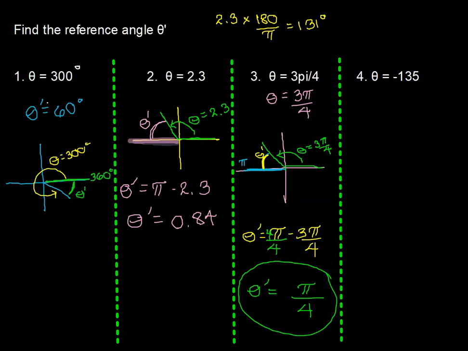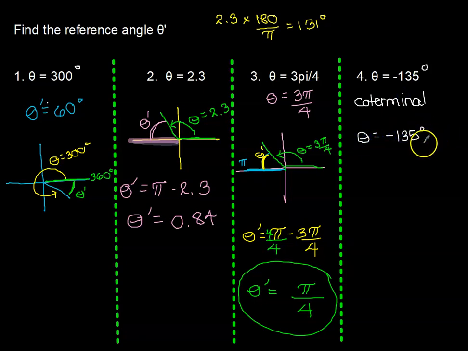All right, last one is negative 135 degrees. Now, I get it, it's negative. However, you've also learned about coterminal angles. You don't want to deal with the negative angles, that's fine. So find the coterminal angle, which means add a full circle to it. Theta equals negative 135 degrees.